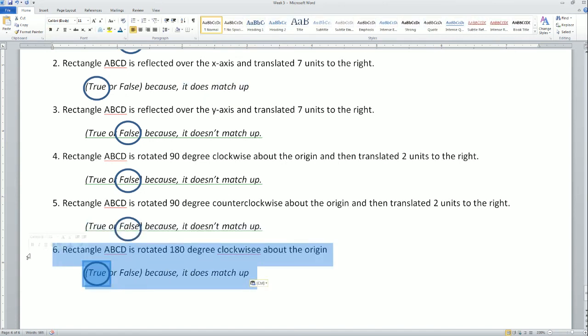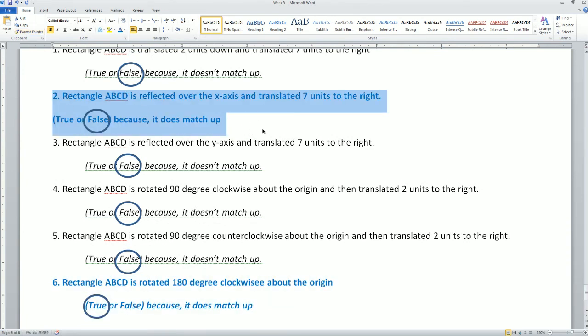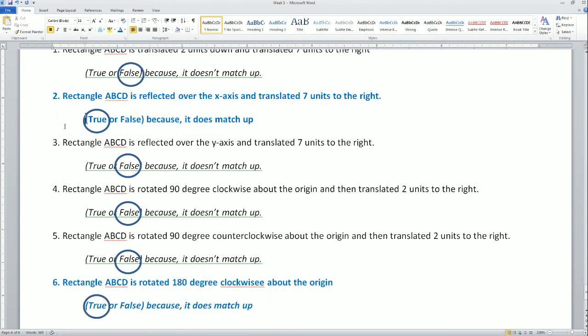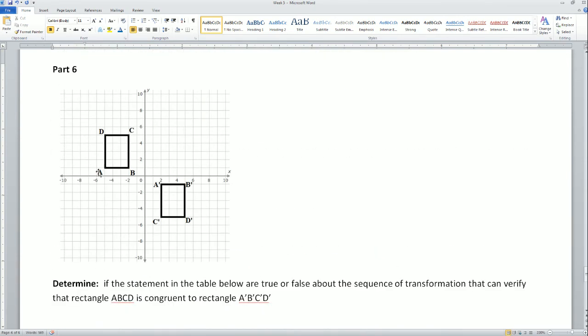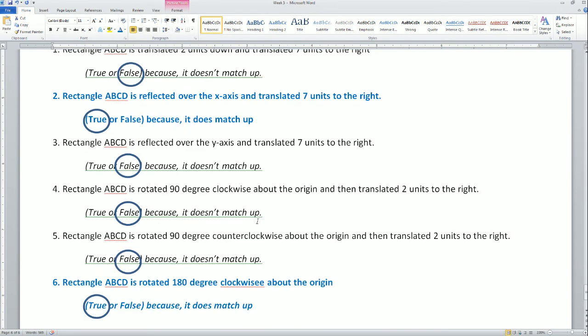So I want to highlight the two correct answers for you. I'll make that in blue so you can see it. In our case, this image right here can be made two ways.